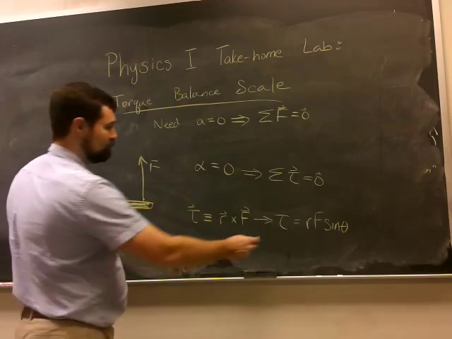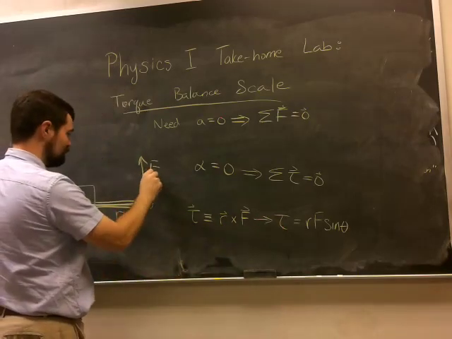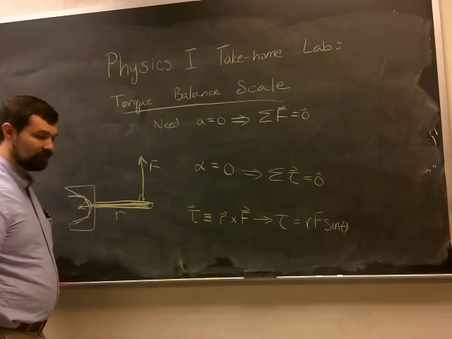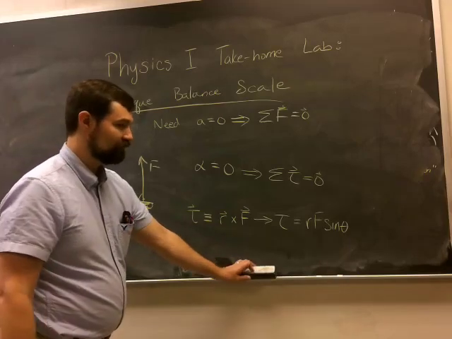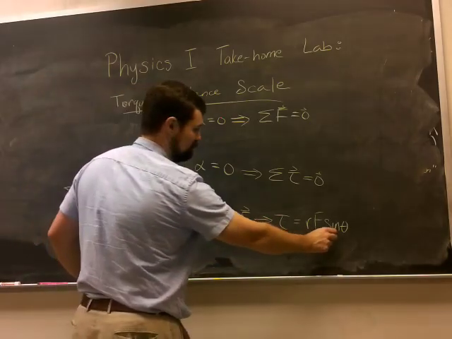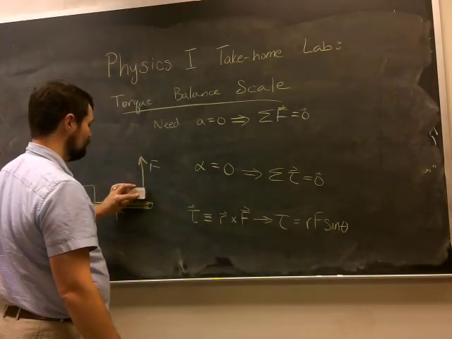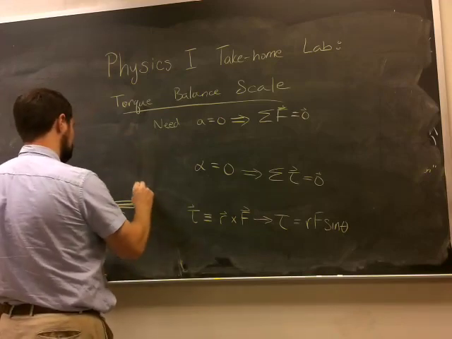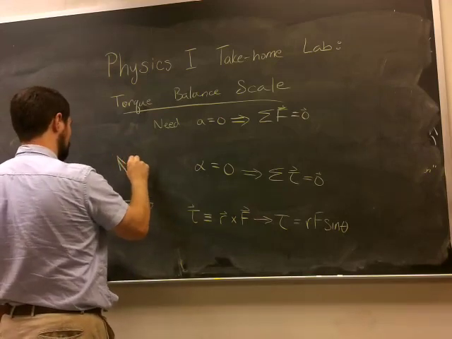Okay, so the torque is this distance times this force times the sine of the angle that goes between the two of them. You could, for example, push directly up, in which case this sine term goes to 1. Or you could be pushing off at some angle like this.